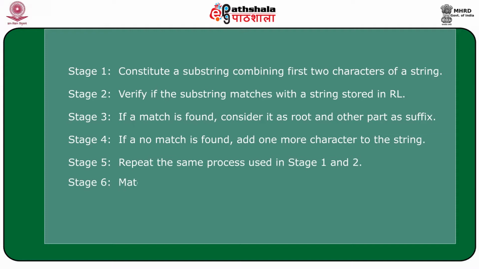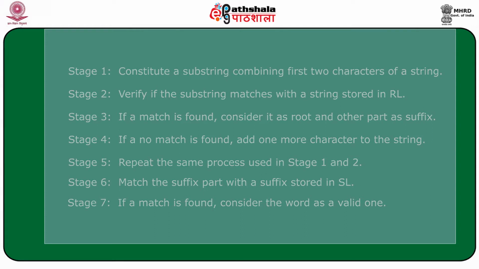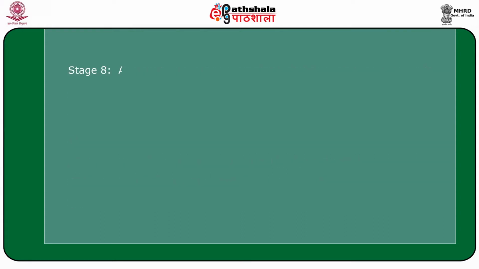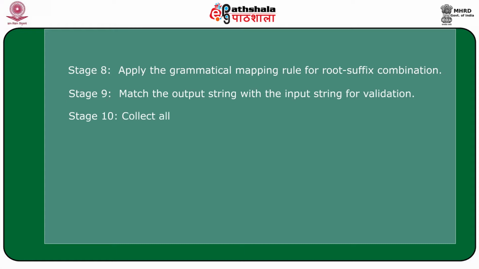Match the suffix part with the suffix stored in the suffix lexicon. If a match is found, consider the word a valid one. Then apply the grammatical mapping rule of the root-suffix combination. Match the output string with the input string for validation. Then collect all grammatical and semantic information stored in dictionary 2 and produce the final result.